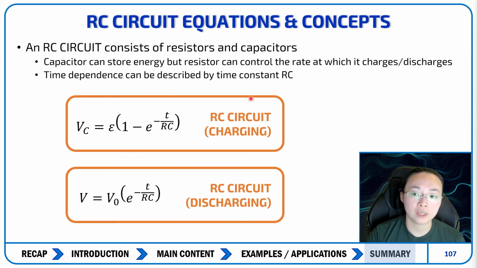There's one where the RC circuit is charging, and you have an equation where the capacitor is charging and it is equal to this. You also have another equation where the capacitor discharges, and the voltage then is proportional to this quantity. And that about sums it up for our discussion about resistors, conductivity, resistivity, and circuits.